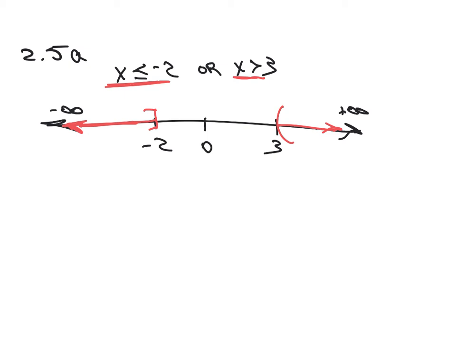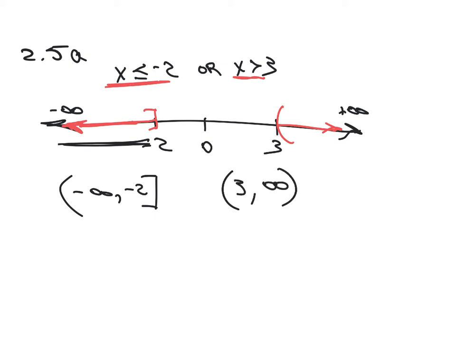So we can write the interval notation like that, and then we can write 3 to +infinity. The important thing here is there is a symbol that we put between them, and that is the union symbol. Whenever you have the word or, you use the union symbol. Very, very important to remember that as you're doing this.